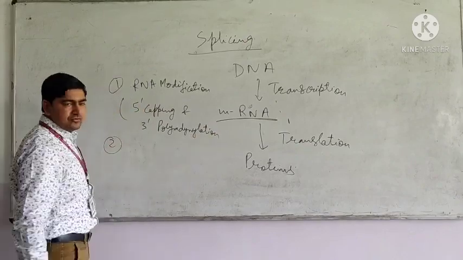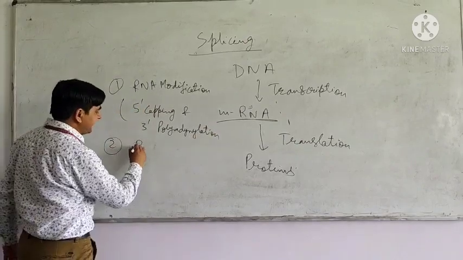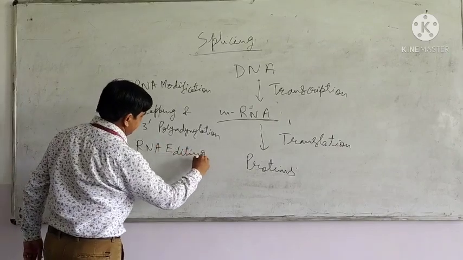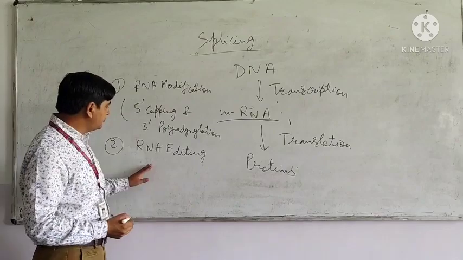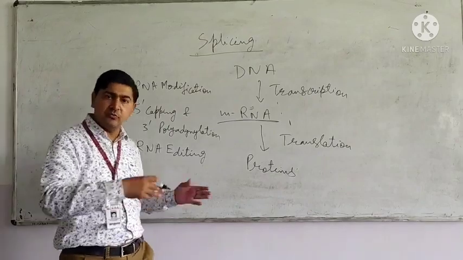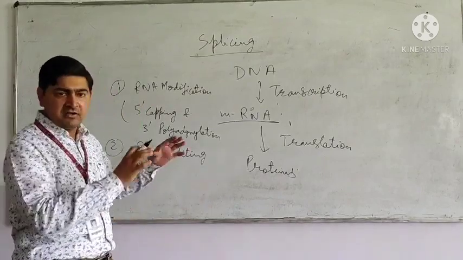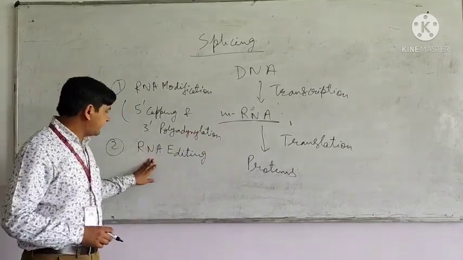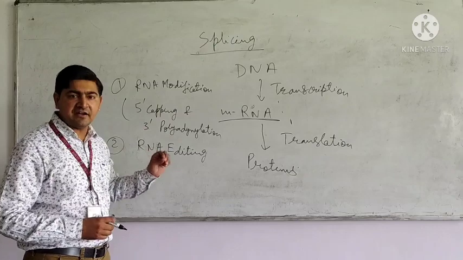There is also a process like RNA editing, which includes editing and removal of some nucleotides from different regions of the mRNA, and it occurs with the help of gRNA, guide RNA.